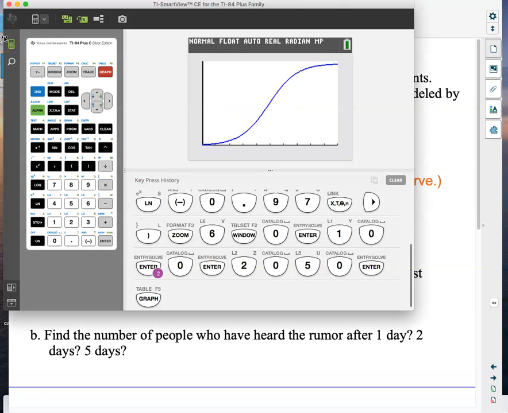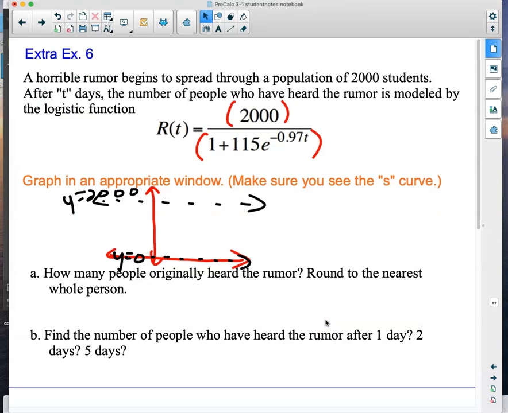And let's see, starting at that 0. And that should be good enough for just a sketch to say, hey, this is what we saw on our graphing calculator. Now, A says, how many people originally heard the rumor?